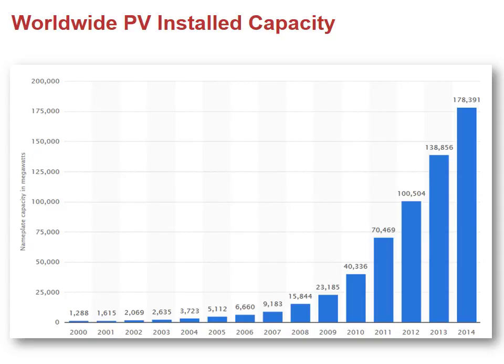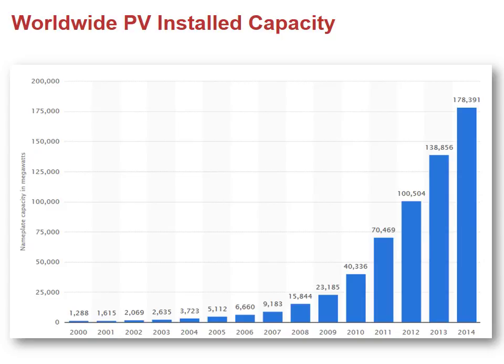So here is a plot of how much our PV installed capacity has gone up in recent years. You can see this plot doesn't include 2015 or 2016 yet, but it's continued to go up in much the same way. We're going up more and more each year in huge amounts. But I do want to draw your attention to the y-axis there.